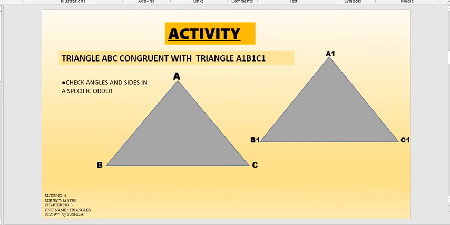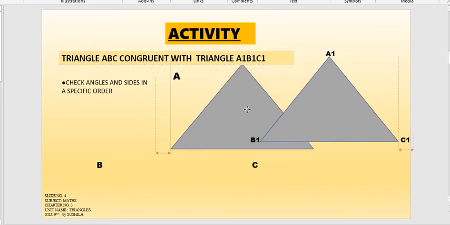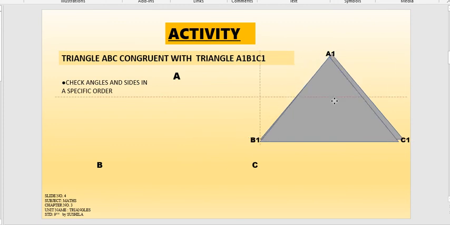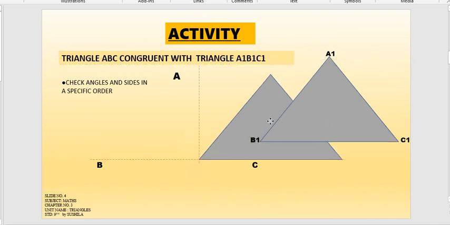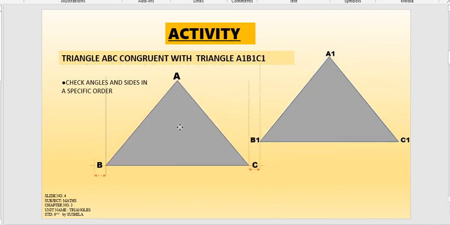Now look at the screen at what I'm going to do. If I take the triangle ABC and fix it on A1, B1 and C1, it fits properly, right? So what does it mean? It means if it fits properly with the sides, and even with respect to the angles, these two triangles are congruent. This is the meaning of this activity.